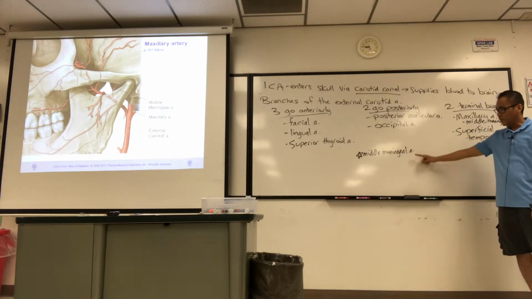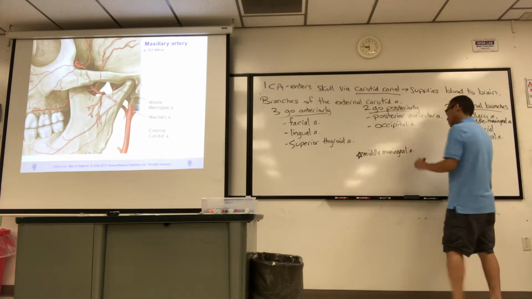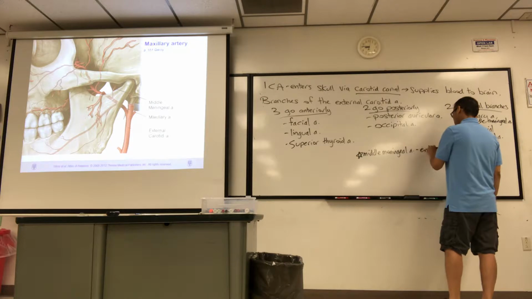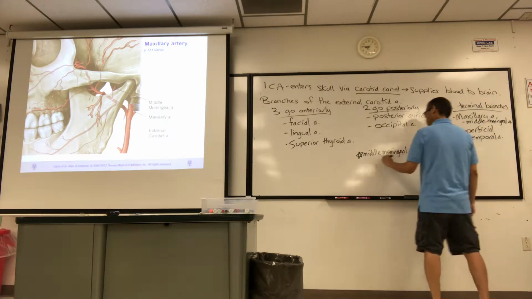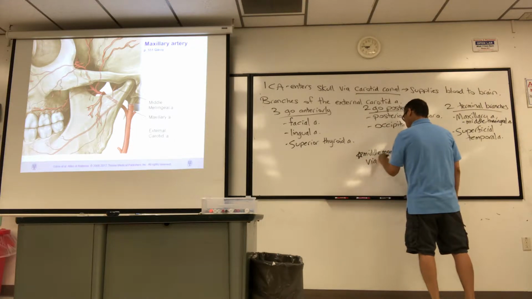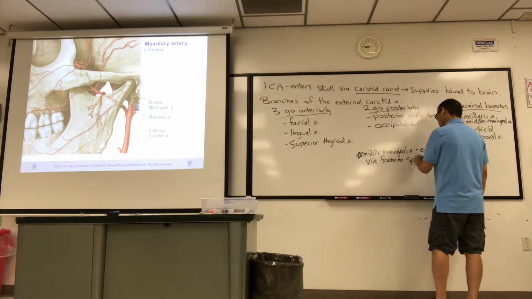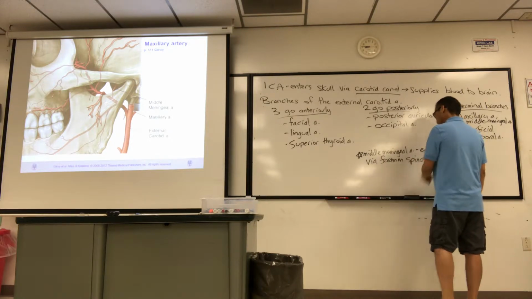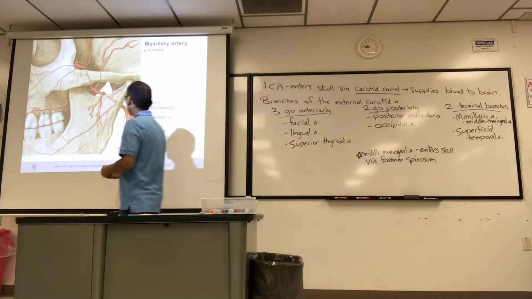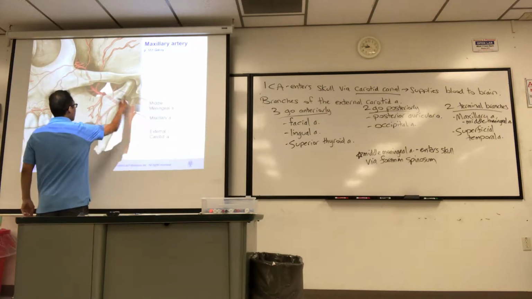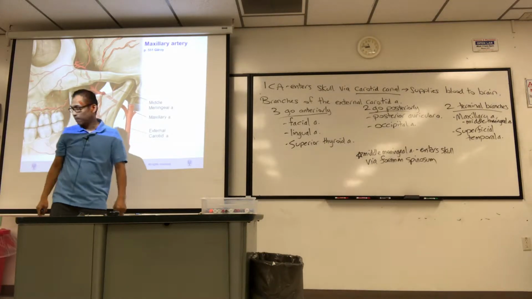Basically, this one enters the skull via foramen spinosum. So anyways, I just pointed it out there. It's there. It's branching off maxillary. That's important.